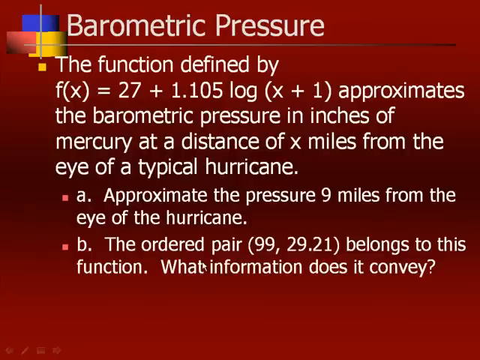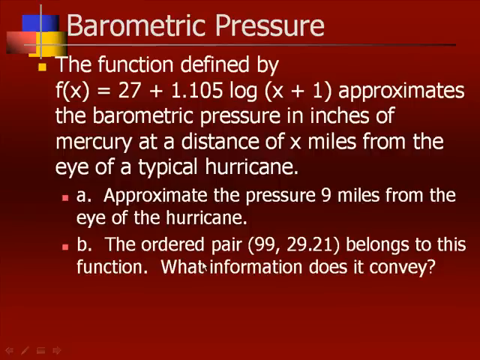Now for an example, the function defined by f of x equals 27 plus 1.105 log of x plus 1 approximates the barometric pressure in inches of mercury at a distance of x miles from the eye of a typical hurricane. They give us a formula that calculates the barometric pressure in inches.